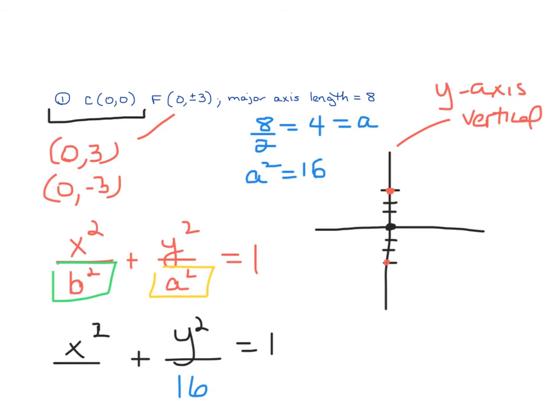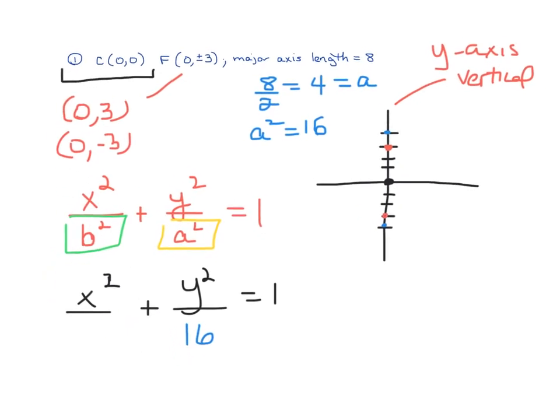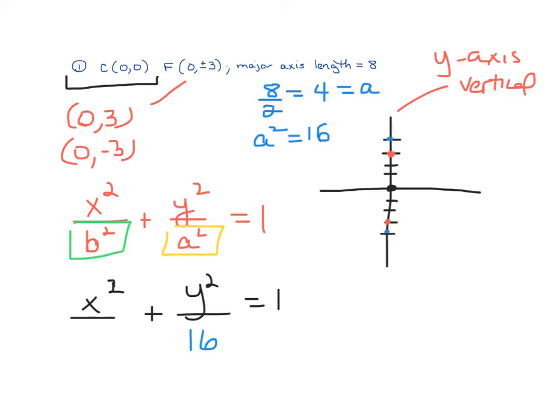So I can see here that my vertices are going to be here and here. Because if you count, there's actually 1, 2, 3, 4, 5, 6, 7, 8. It's 8 in length.